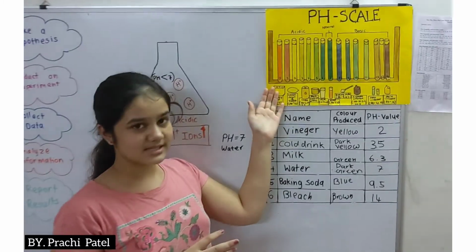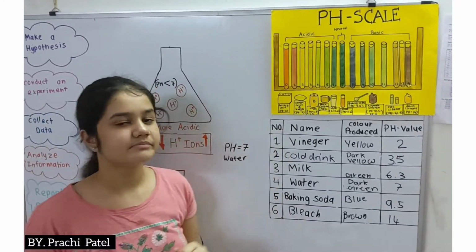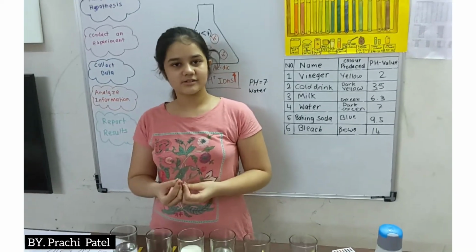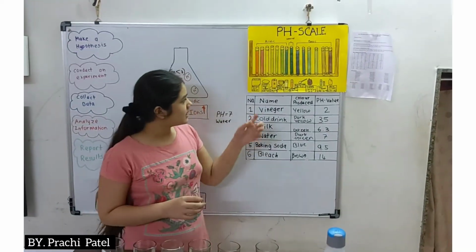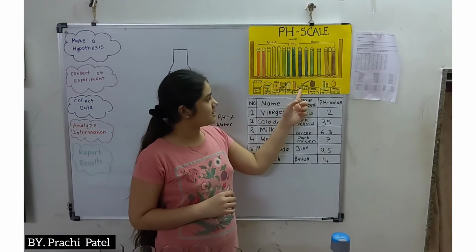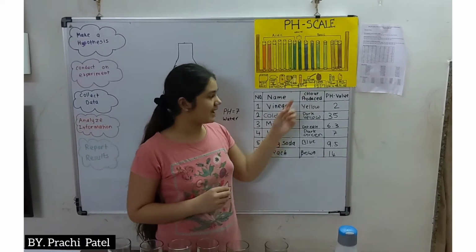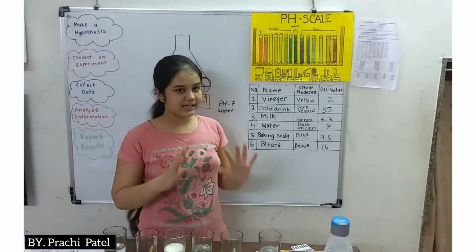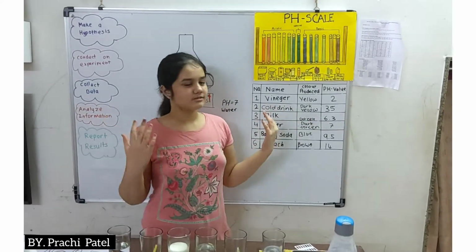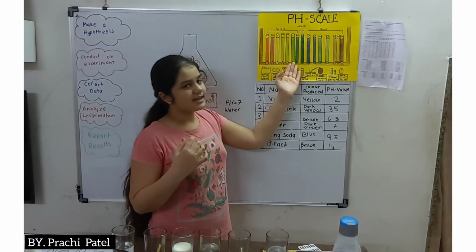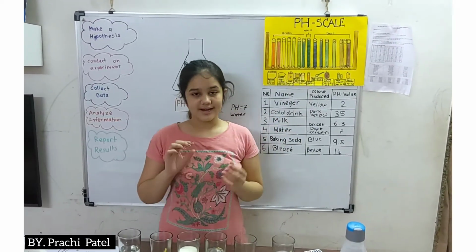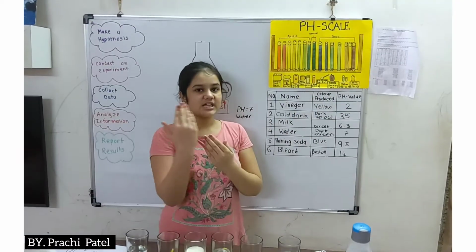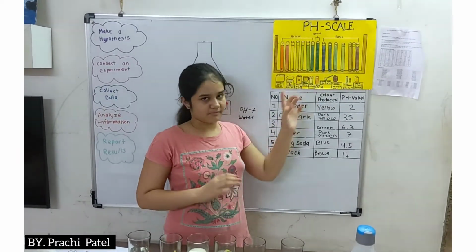Sometimes it can be 0, but it's near 1. ENO is a kind of soda, and baking soda is around 9.5. Our natural body pH is around 5 to 6. So when we take baking soda, we can change the scale from 0 again to 5.6.